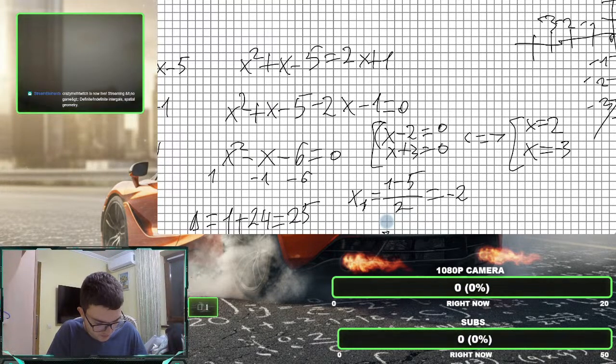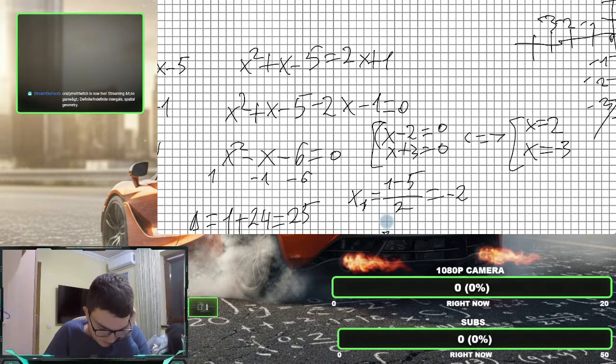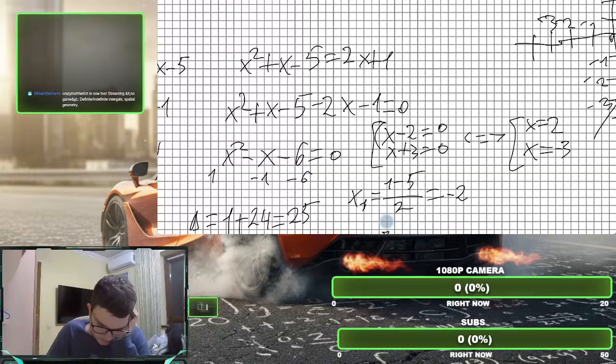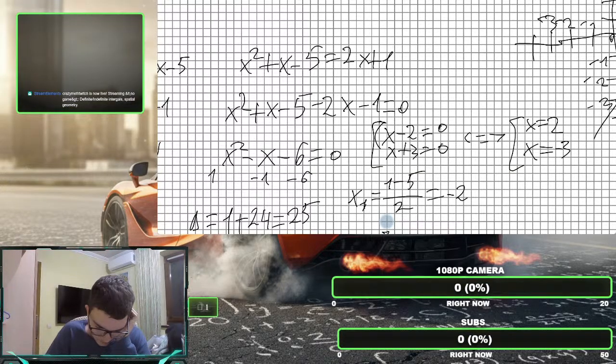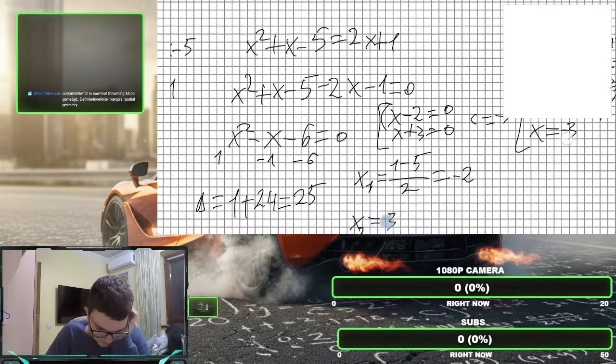Actually, the signs are actually different. So x is minus 2 and x is 3, and the other one is minus 2, which I guess makes sense because you need to flip the signs.